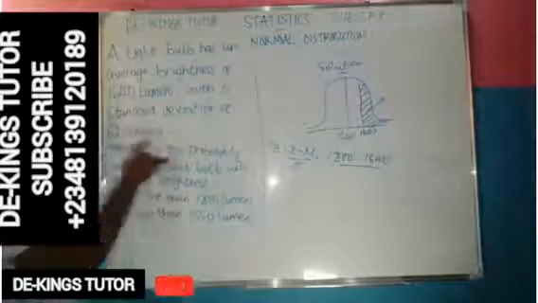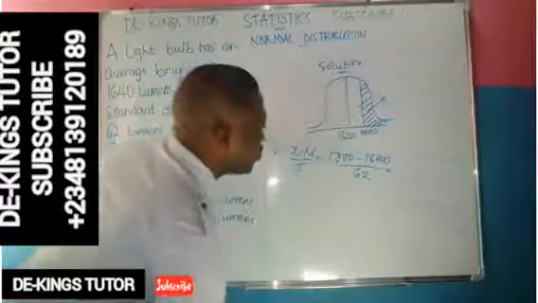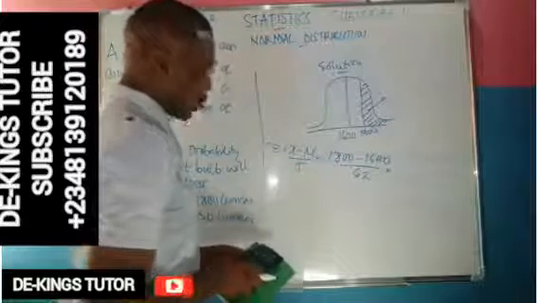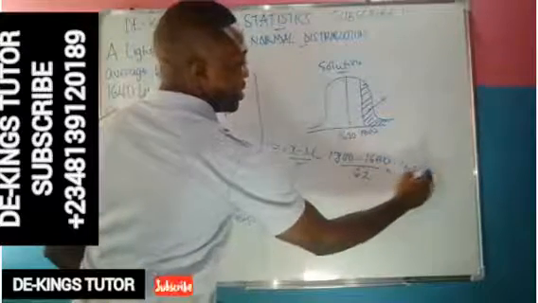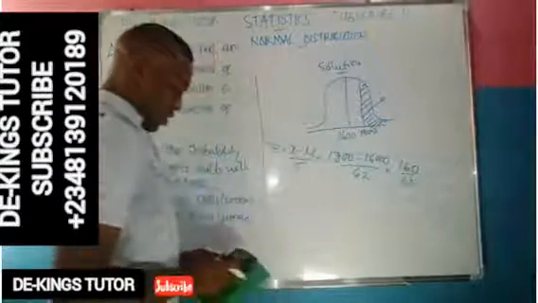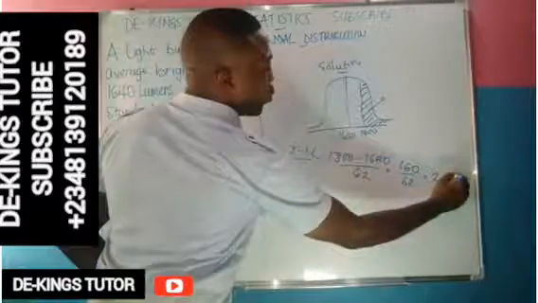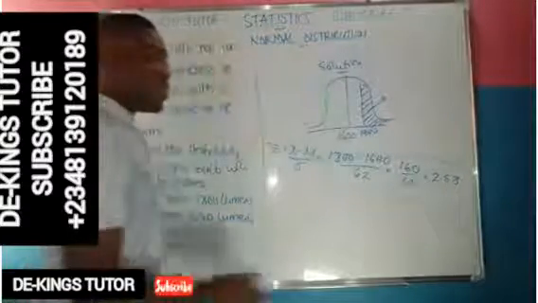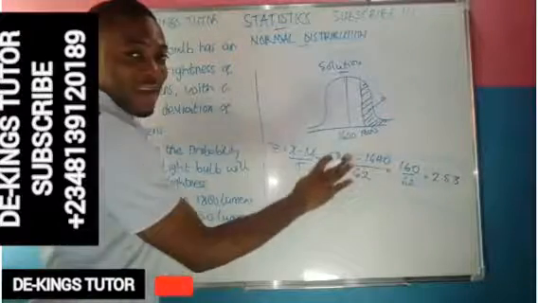They gave us standard deviation here at 62. So if we do that with the calculator, 1,800 minus 1,640, we have 160 divided by 62, which is equal to 2.58. Always leave to 2 decimal places. Now this is not our answer yet.